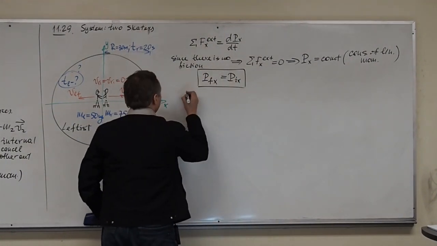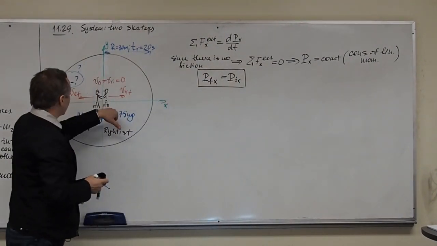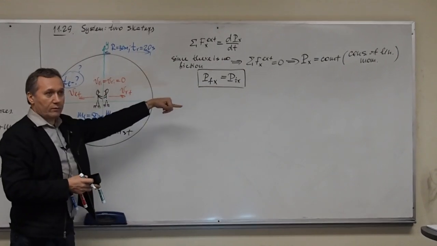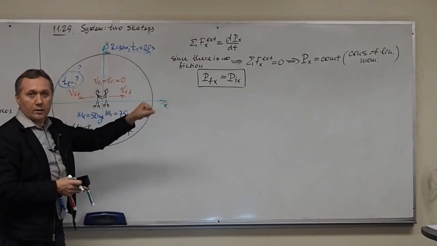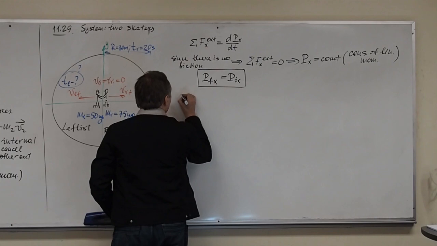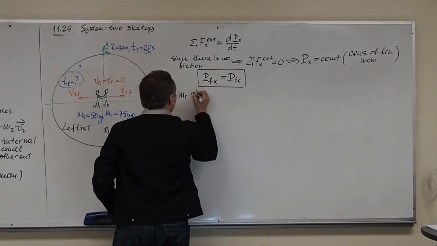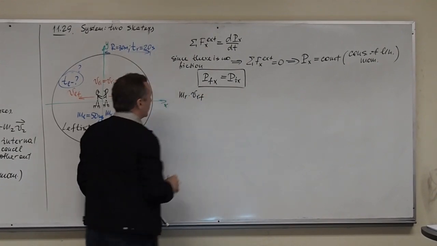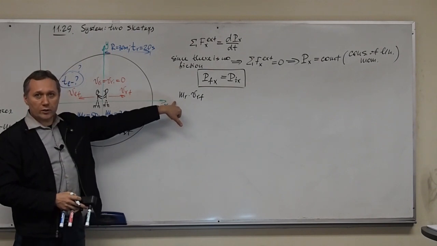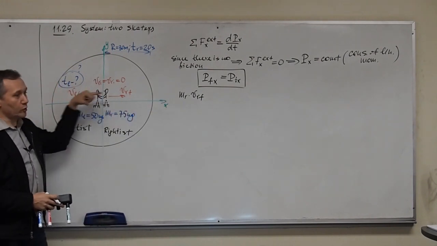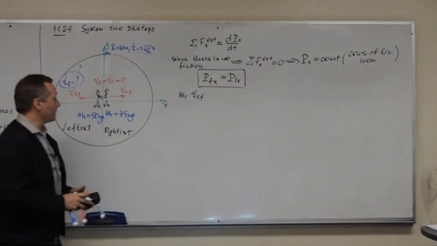So final, the right person, MR, travels in the positive direction, so the linear momentum is positive. So I can write MR, VR final. I introduce it in the equation with plus, because again, linear momentum of the right person is positive.